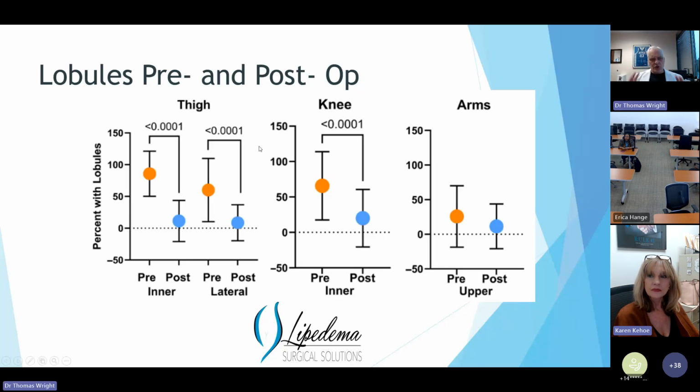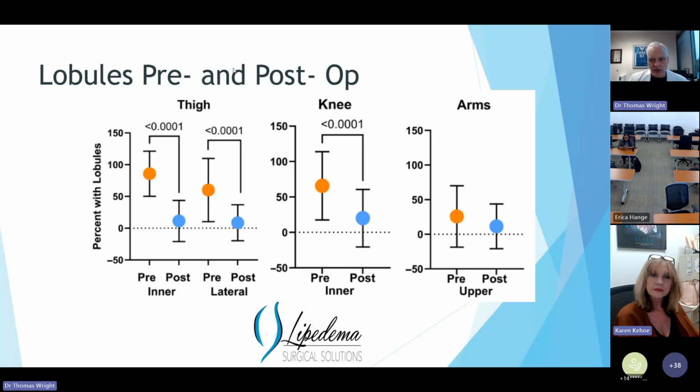So I showed you those lobules, and the number of patients with lobules decreased highly significantly, from about 80% with a thigh lobule prior to surgery, to only a small percent, like 5%, after the surgery.